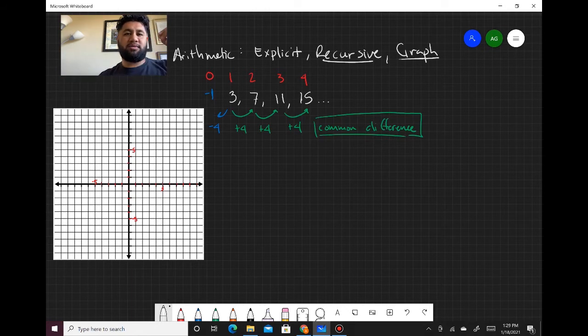And if you always put that x value in, the same one, you'll always get the same number. If you put a different x value in, you better get a different number. So in our case, we have that. Our 0 term is -1, first term 3, second term 7, and so on, all right? We can build our explicit equation from this.